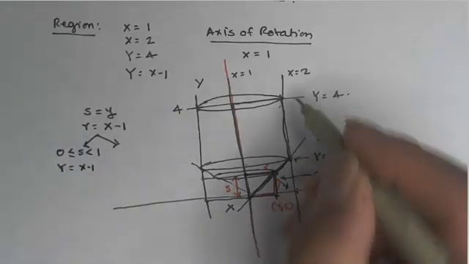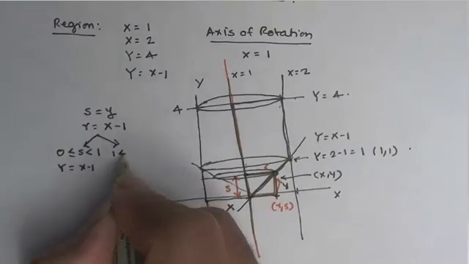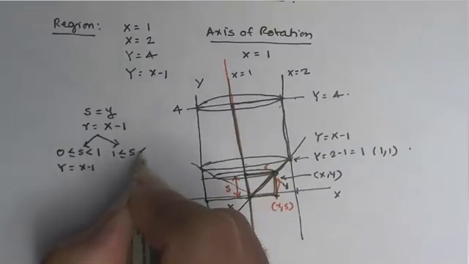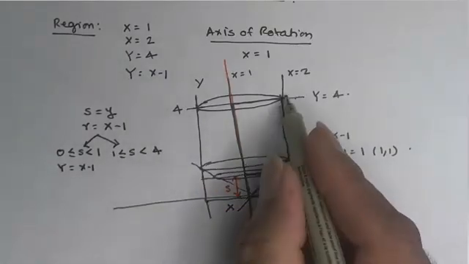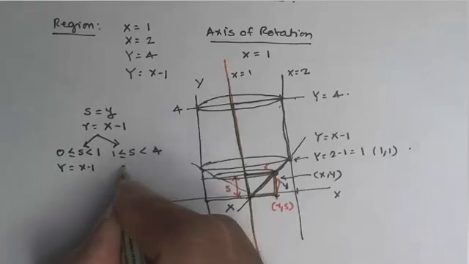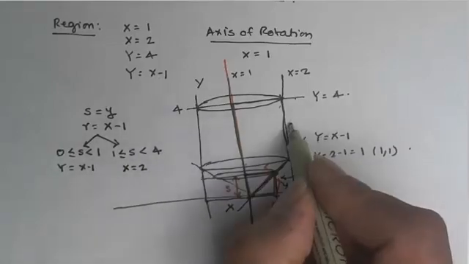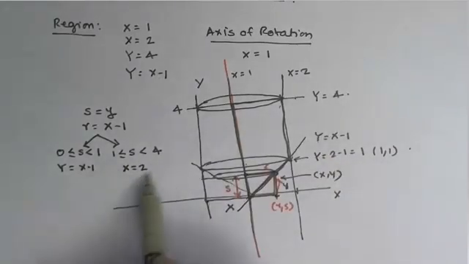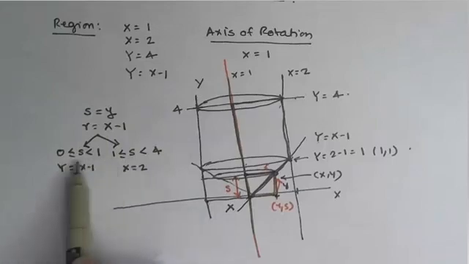And then between 1 and 4, s greater than or equal to 1, less than or equal to 4, we know that x equals 2, which is the equation of this line. So that's it. Those are our basic equations, and now we have to deal with the fact that we have two different equations for two ranges of s.